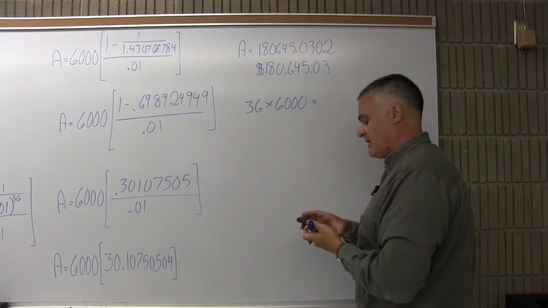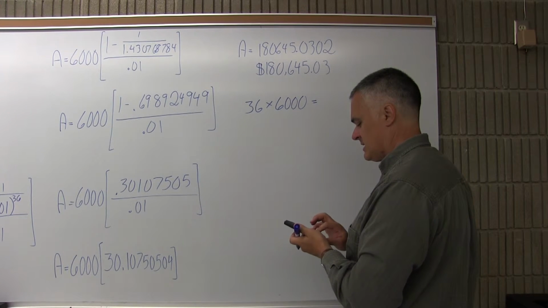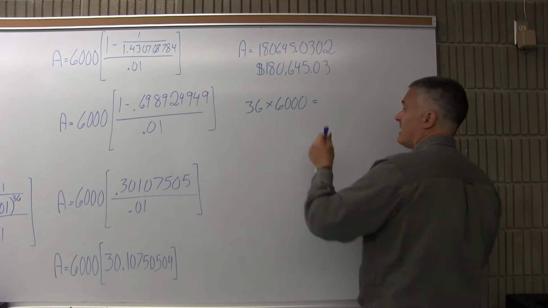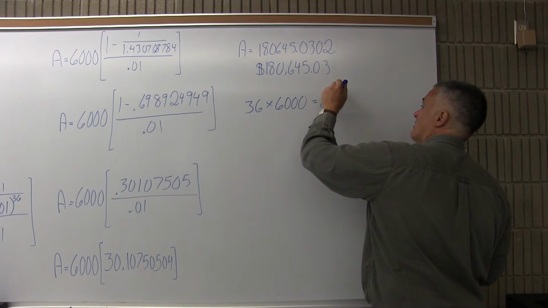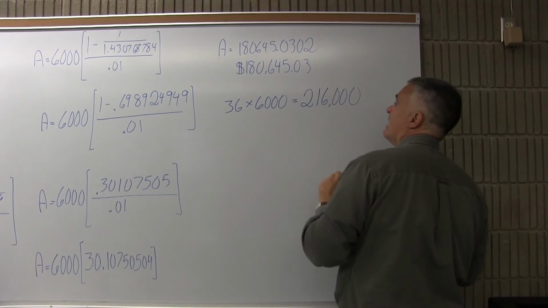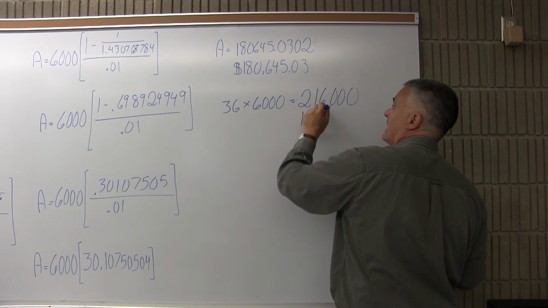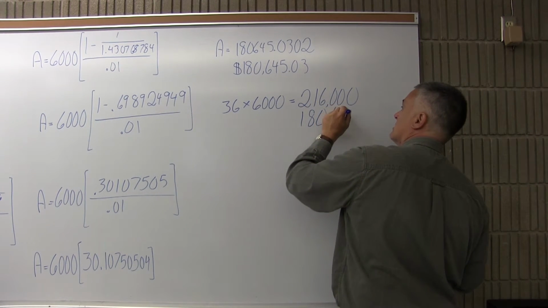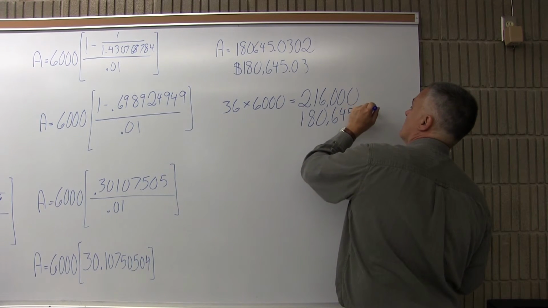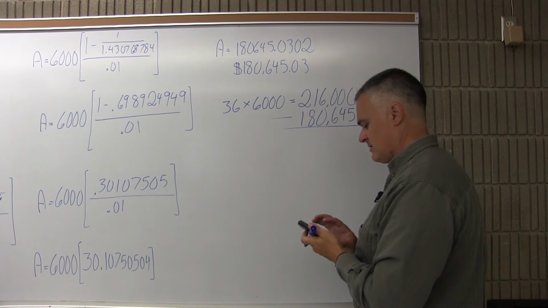So if we multiply that out, 36 times 6,000 is $216,000. So over the 3 years, Jen will earn $216,000. And they're going to be able to pay her that by only having $180,000, or a little bit more, $180,645.03. So let me subtract those two values.